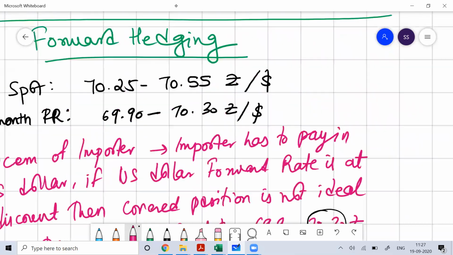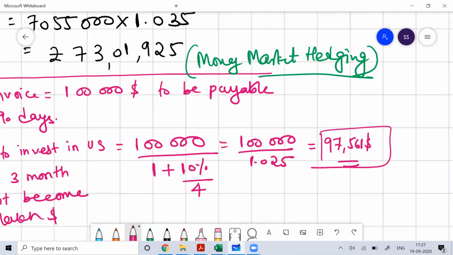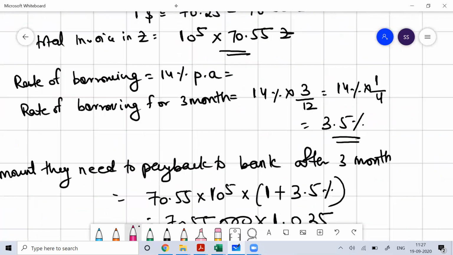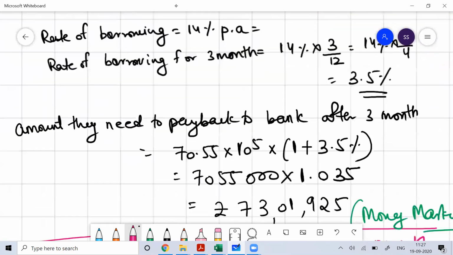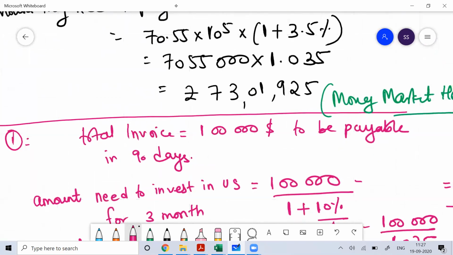If you do no hedging, the cost is 73 lakh 1,925. Let me write it somewhere.